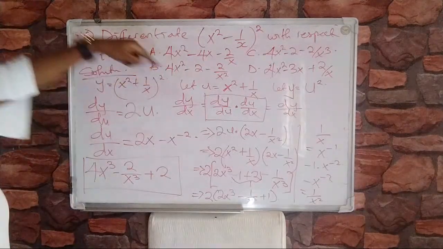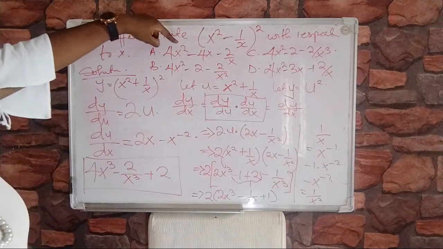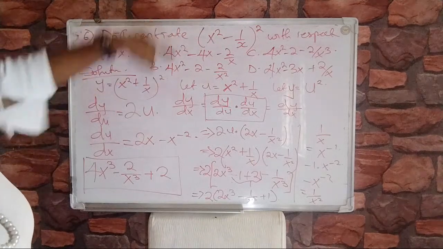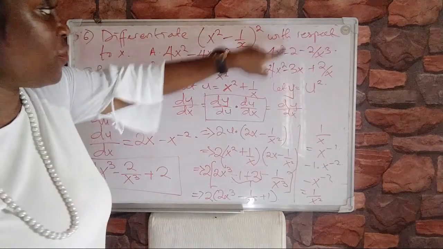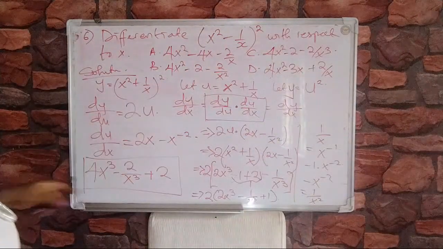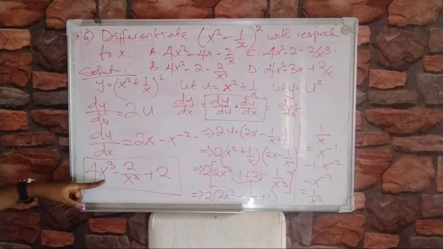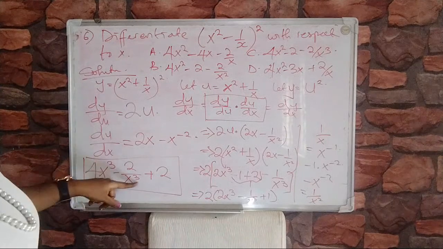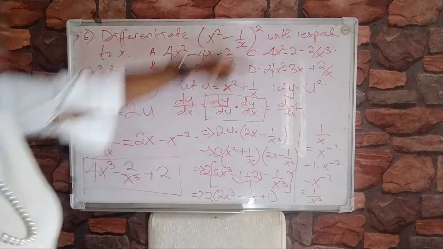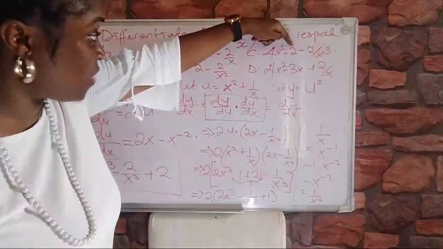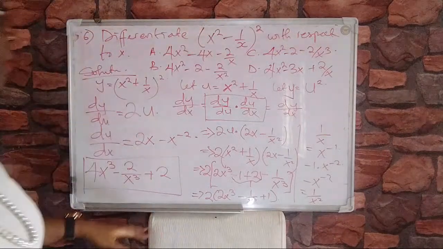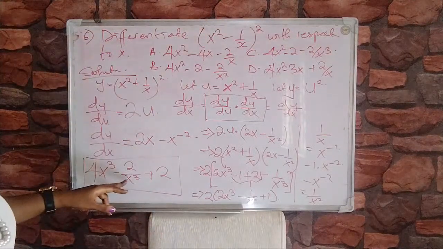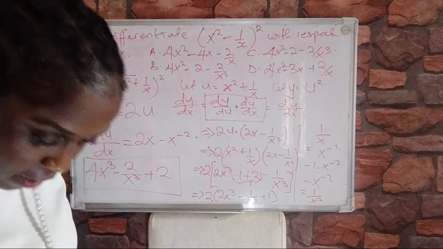Now, looking at the options, we have 4x cubed, and then we have minus 2x cubed here. So I'm guessing that is the closest to our answer.